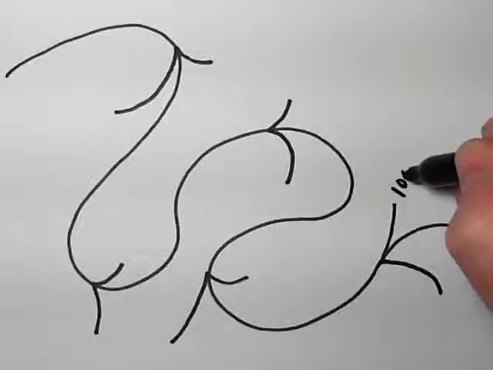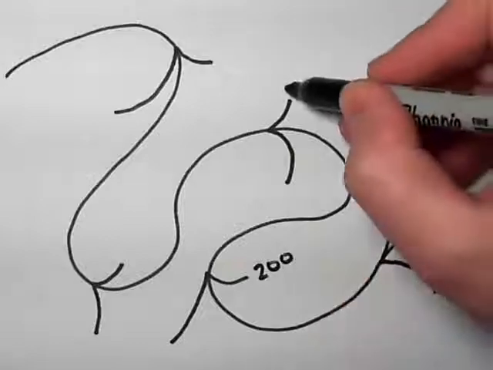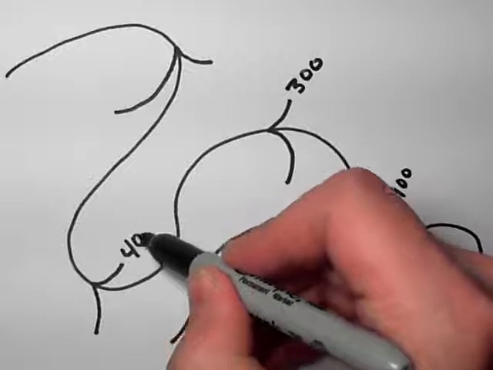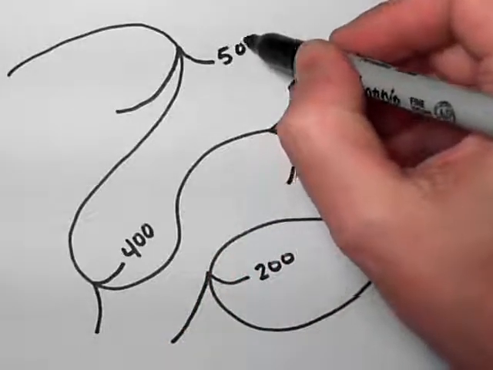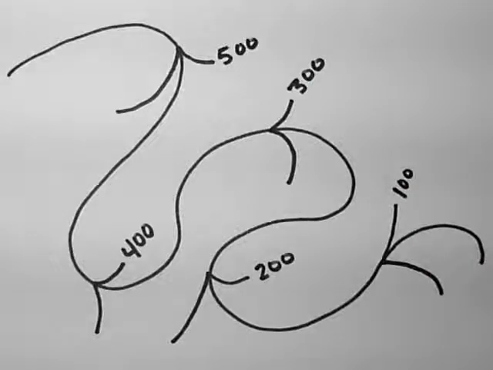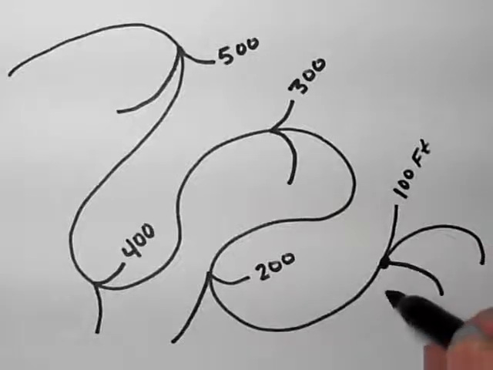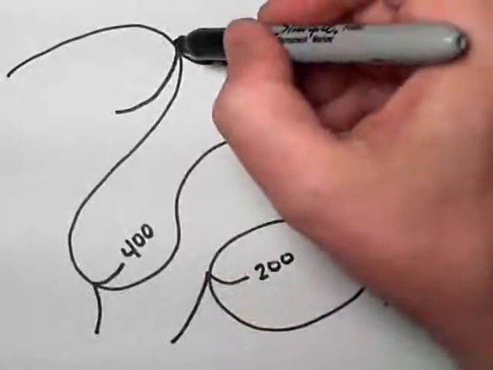I'm going to put some elevation values on here, and these are in feet. Let's say you are asked to calculate the stream gradient from point A to point B.